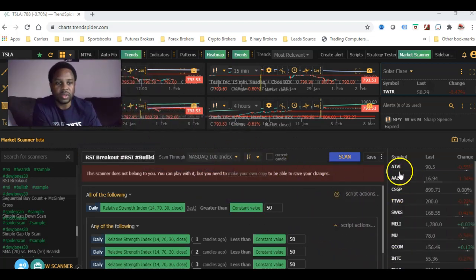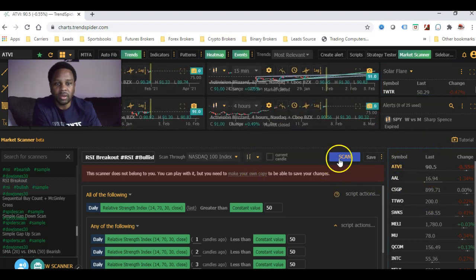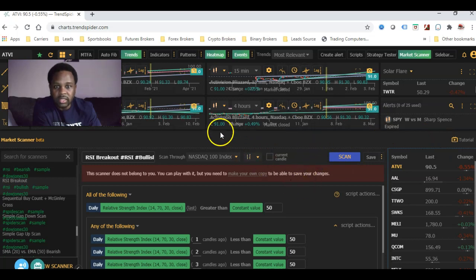All right, so now it's pulling up all of these stock symbols over here that have an RSI breakout. All right, in effect. So you just click on that. I have to make this bigger or reduce this size. Probably because I have so many charts open. Let me go back.